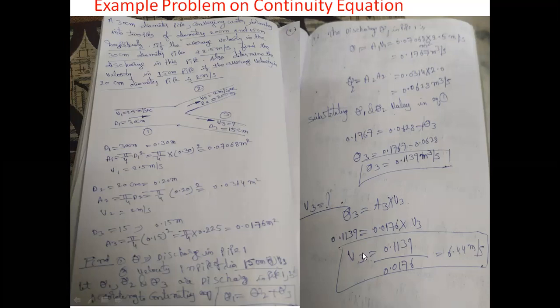From this, find out the V3 value. V3 equals 0.1139 by 0.0176. Finally, the velocity at pipe 3 is 6.44 meters per second.